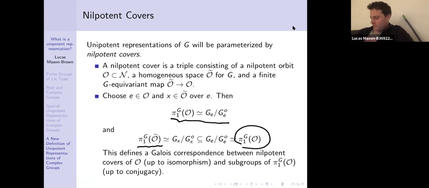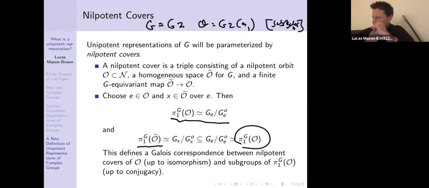So just to give a slightly non-trivial example, if the group is G2 and the orbit is the subregular orbit, denoted G2(a1), then the fundamental group of O is S3. This is one of the bigger fundamental groups you'll encounter.